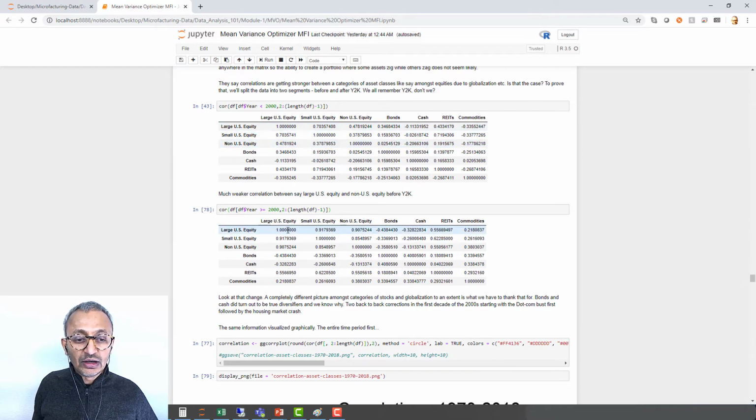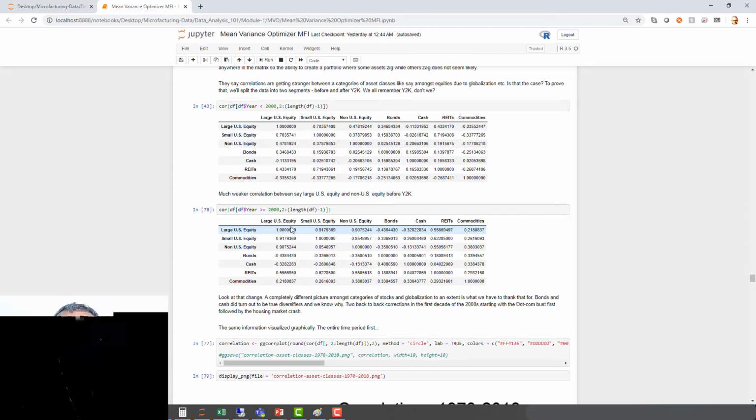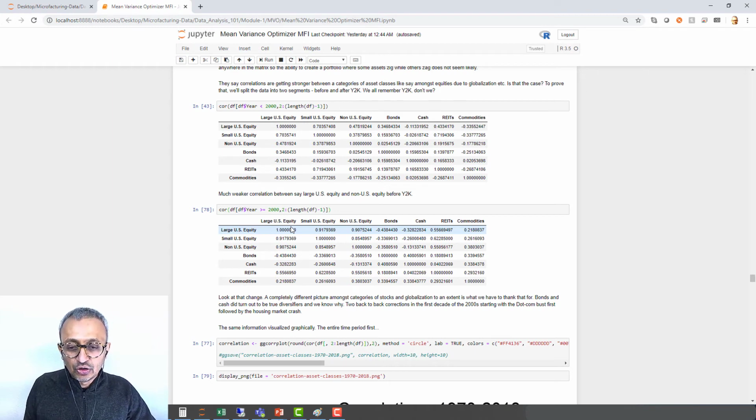But after 2000, the international correlation actually went up. Again makes sense, and the reason is I guess the world became more and more global. So I'm trying to fit my understanding of what is going on in the data with what I see in the world, right? And that's what you would typically have to do in your world if you're dealing with data.